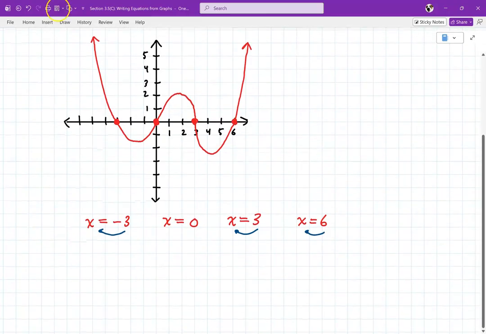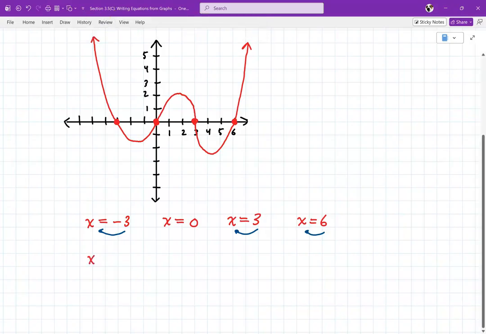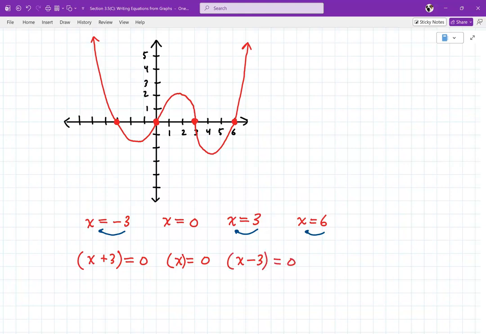So my factors are x plus 3 equals 0, x equals 0, x minus 3 equals 0, and x minus 6 equals 0. Those are my factors. The way I got them is I moved things to the left side, except for the 0, because like I said, the 0 doesn't do much.